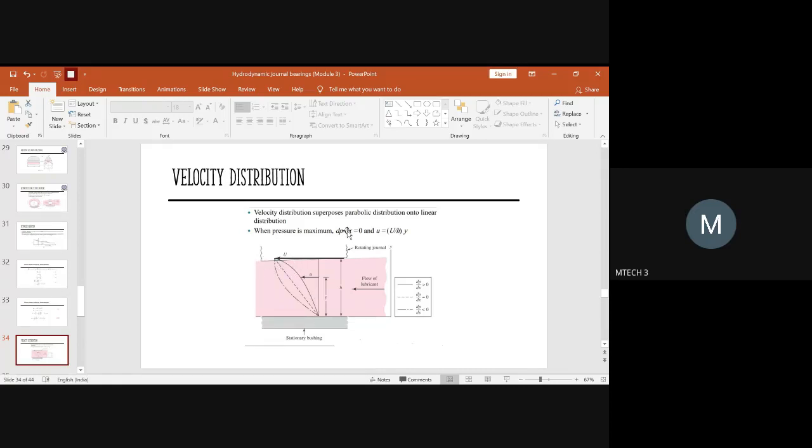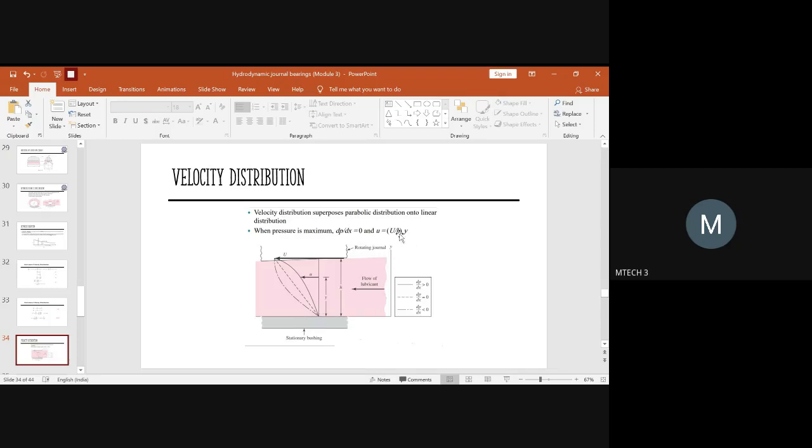When the pressure is maximum, you can tell that dP/dx is equal to 0, when the velocity gradient is equal to capital U upon h, because it is taking the entire thickness of the film here. It is not some particular height; if you take some particular height, then that is the small y.